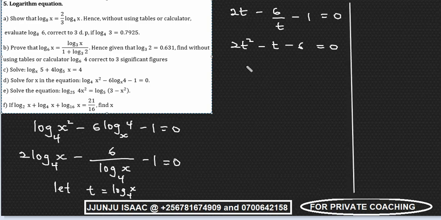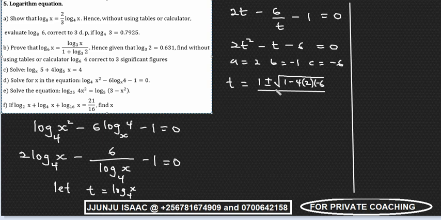Our a is going to be 2, our b is going to be negative 1, and our c is going to be negative 6. So t is negative b, which is 1, plus or minus the square root of b squared, which is 1, then minus 4ac, minus 4 times 2 and negative 6, then over 2a, that is 2 times 2, 4.